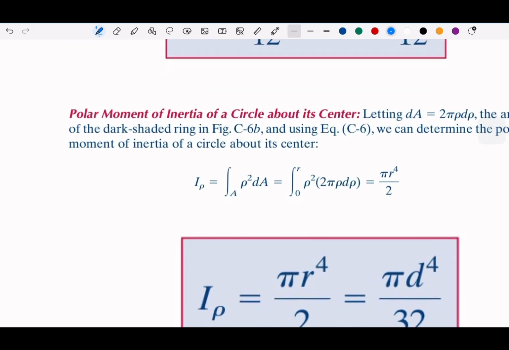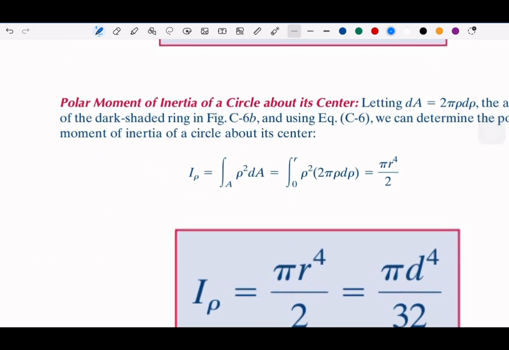By definition, the polar moment is the integral of rho squared dA, and we take the integration from 0 to r.